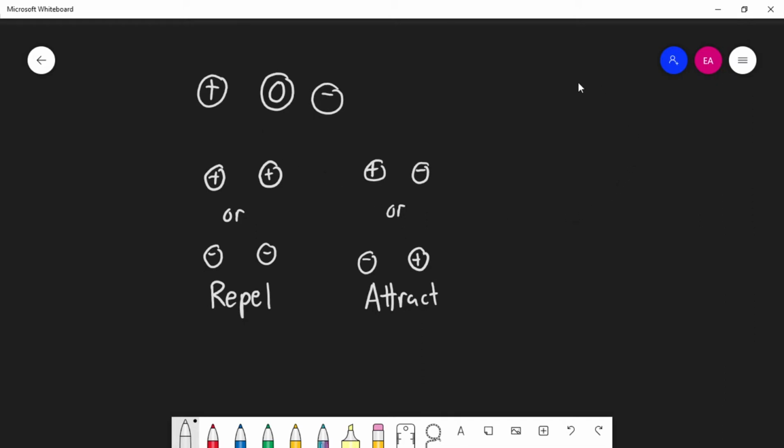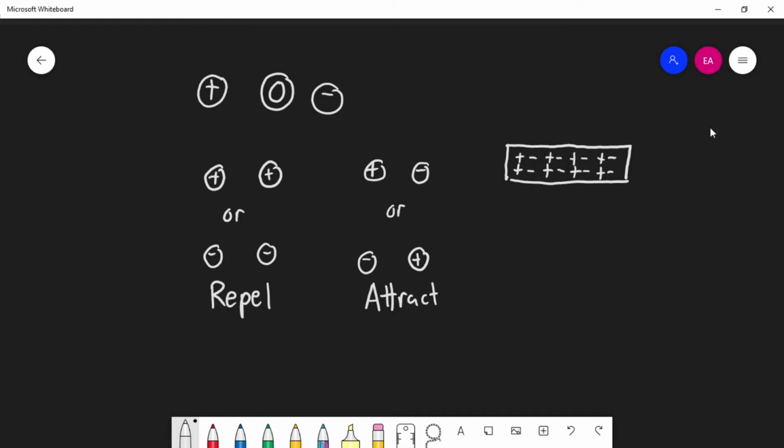There's no such thing as a neutral charge if you place it into higher matter. So it will always have the same number of positive charges and negative charges if it were a neutral charge. So it would be like this. This is just a rough sketch.